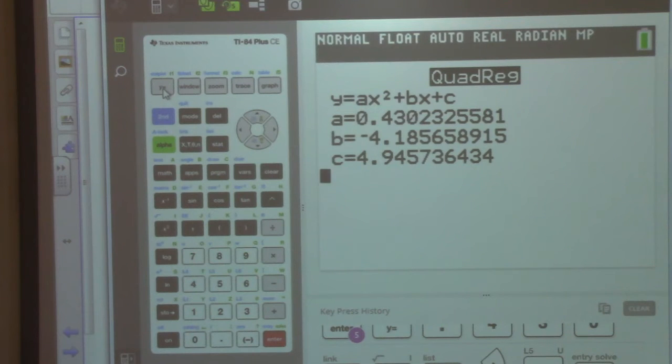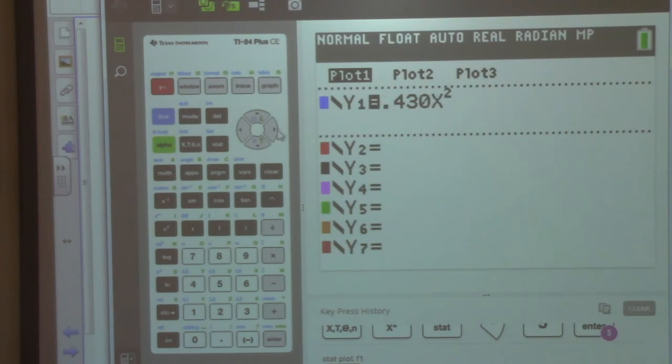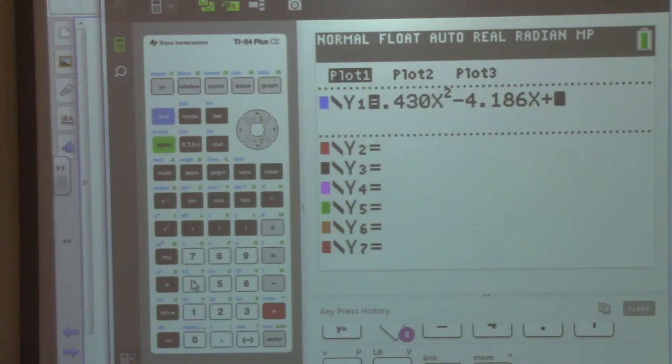Well, minus 4.186. And what's the last one? 4.946. Is it plus or minus? Plus 4.946. Yeah.